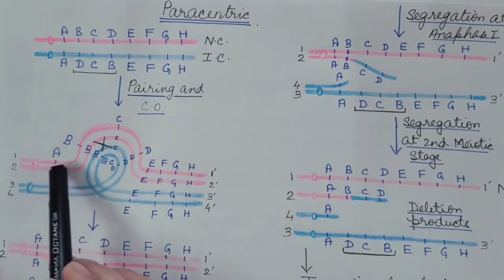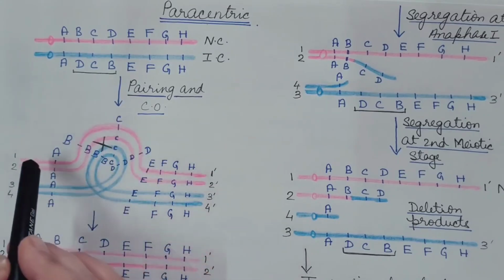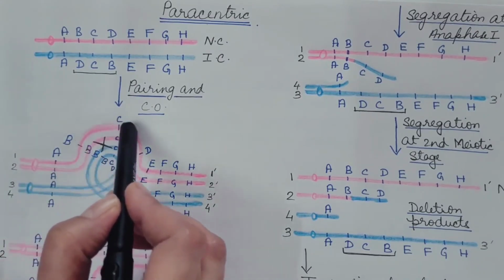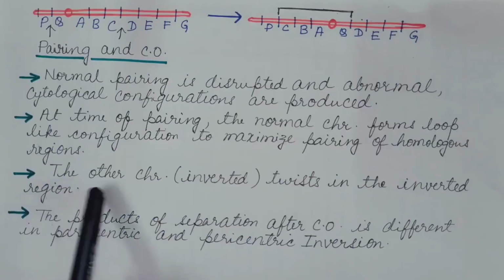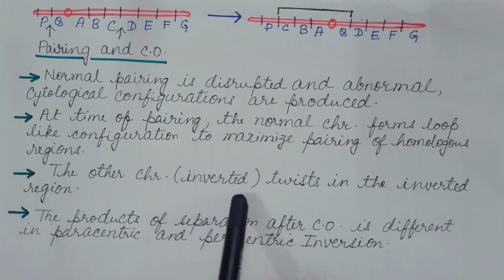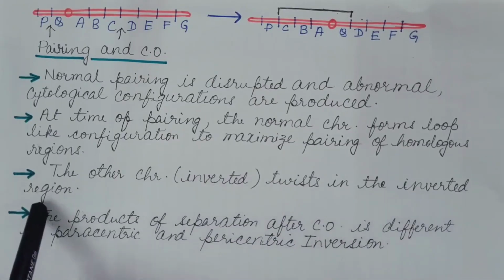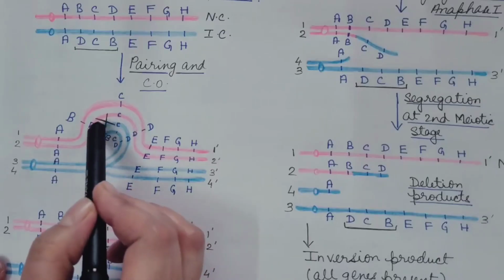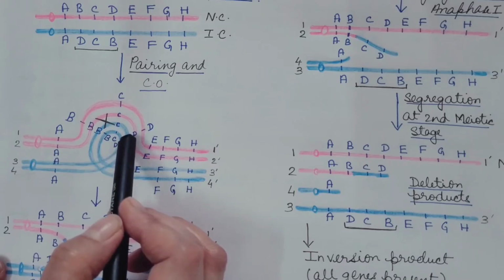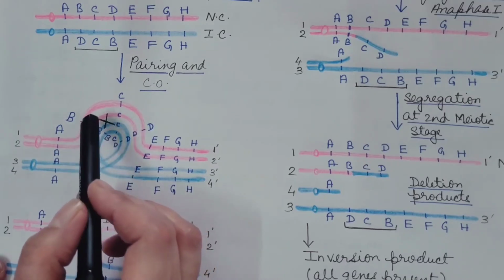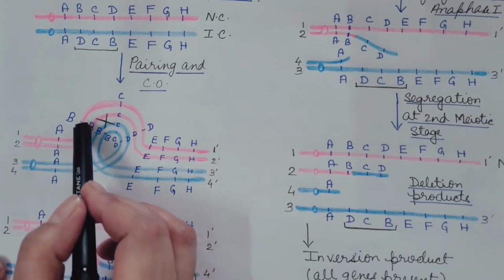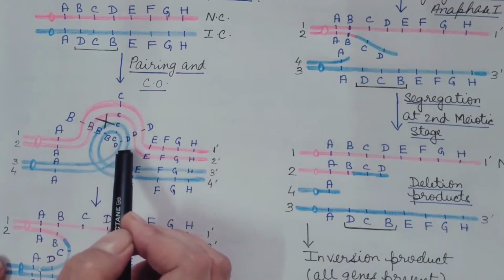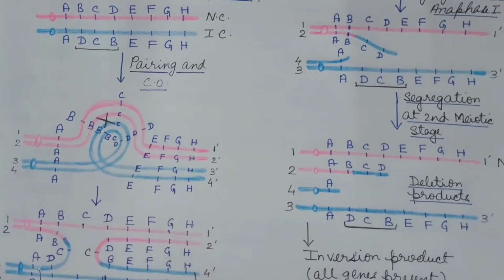So the normal chromosome forms a loop-like structure so that there is maximum pairing between the homologous chromosomes. The other chromosome, which has the inverted segment DCB instead of BCD, twists in the inverted region in such a way that maximum pairing takes place between the homologous chromosomes.